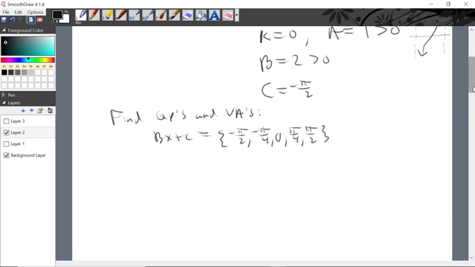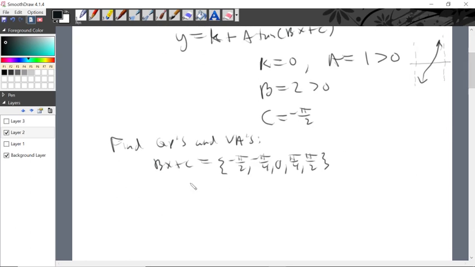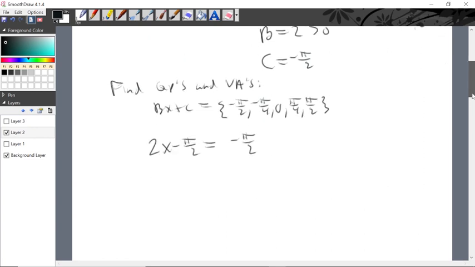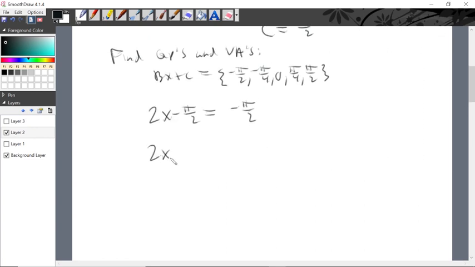All right, so we have 2x minus pi over 2, and I'm going to set that equal to negative pi over 2. And then 2x minus pi over 2, set that equal to negative pi over 4. And then 2x minus pi over 2, we'll set that equal to 0.